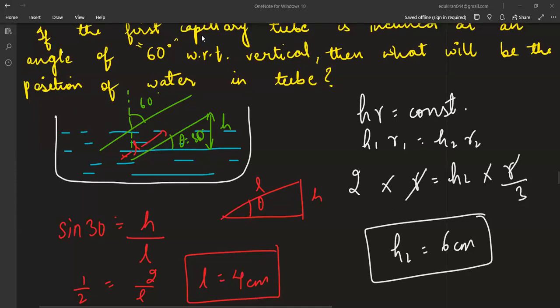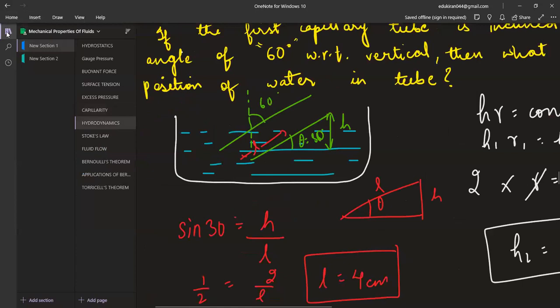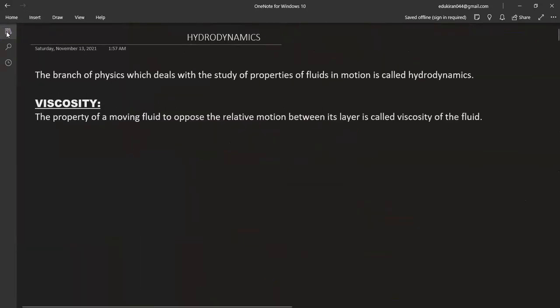Done, all of you? Okay. Now starting with hydrodynamics, so we'll now be talking about the flow of fluids. Right now, we didn't consider velocity, acceleration, any of these terms, right? Now we'll be considering the flow of the fluid particles.